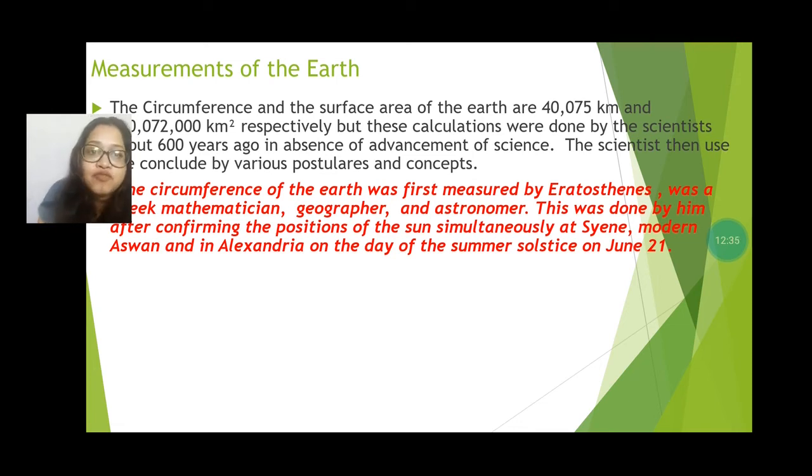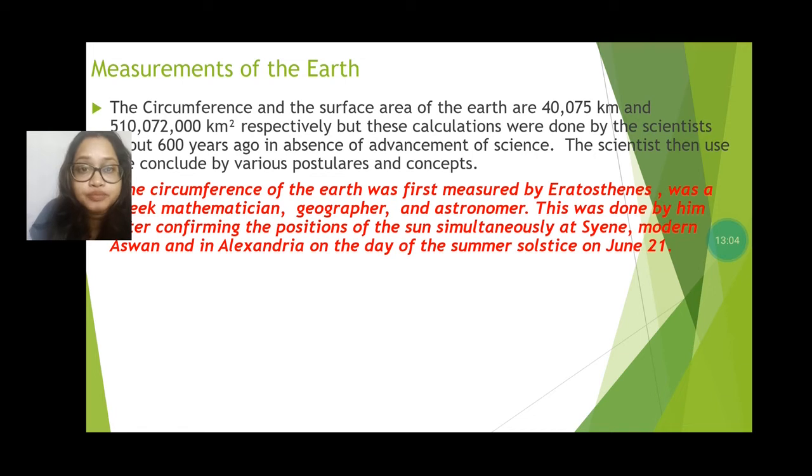The circumference and the surface area of the earth are 40,075 kilometers and 510 million 72,000 square kilometers respectively.